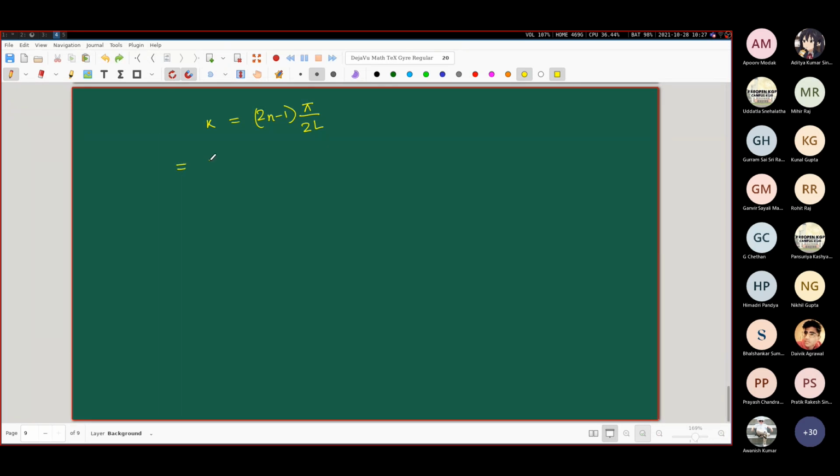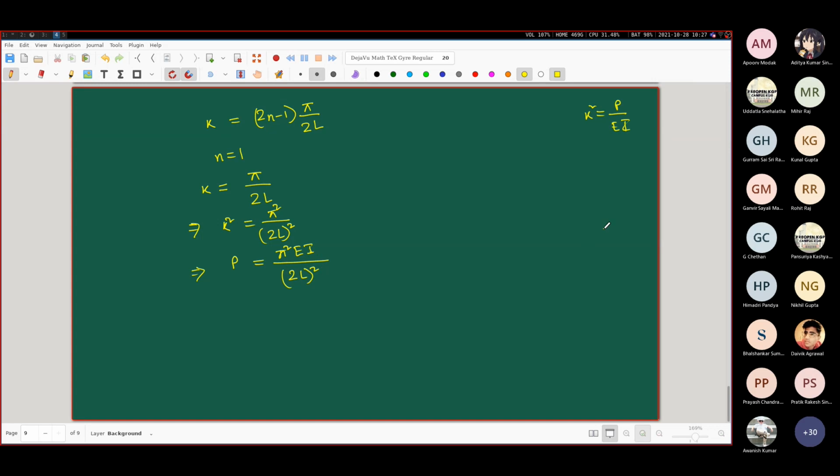Let's put n equal to 1. Then k is equal to just pi by 2L, and remember that our k square is equal to P by EI. So k square is equal to pi square divided by twice L whole square, that is, P critical is pi square EI divided by twice L whole square.